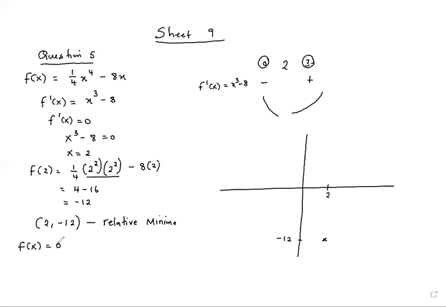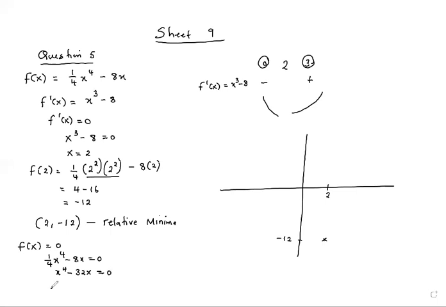So we'll have 1 over 4 x power 4 minus 8x is equal to 0. Multiply throughout by 4, we'll get x to the 4 minus 32x is equal to 0.